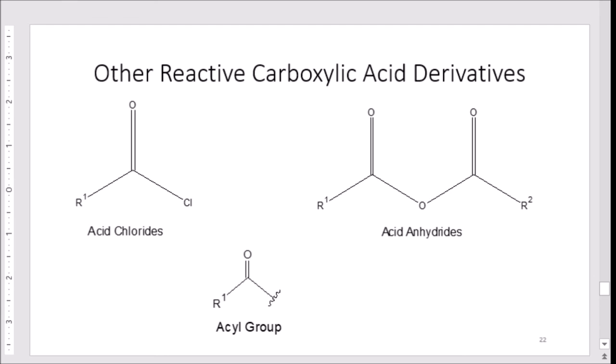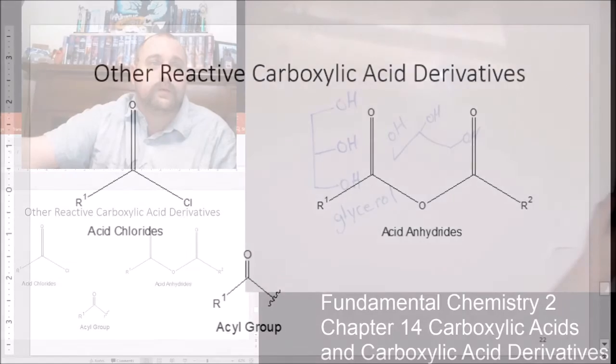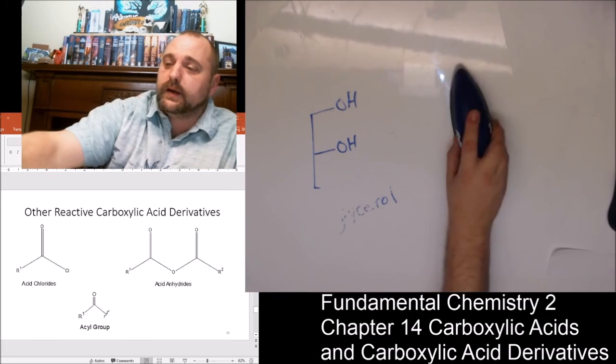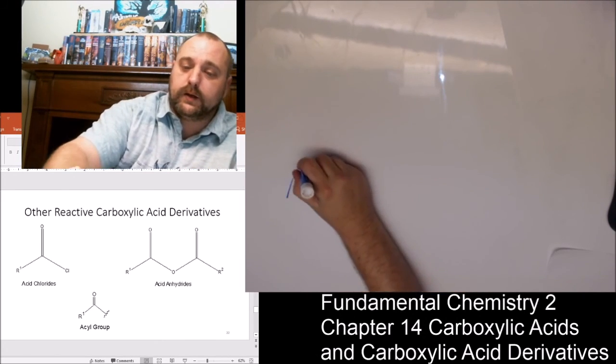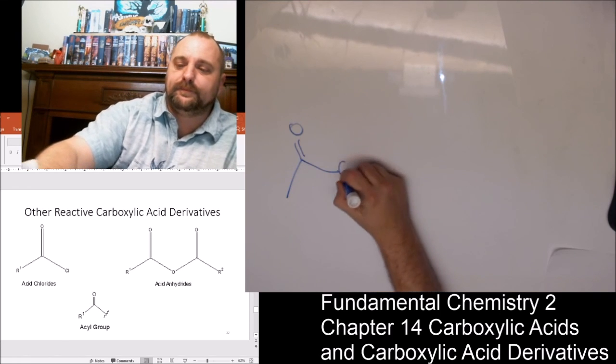All right, so now we're ready for our carboxylic acid derivatives. We already talked about acid chlorides and acid anhydrides, where we've taken 2 acids together and made those together. So let's look at making one of those real fast. It's the same idea as making ethers and esters, so let's pick on acetic acid.